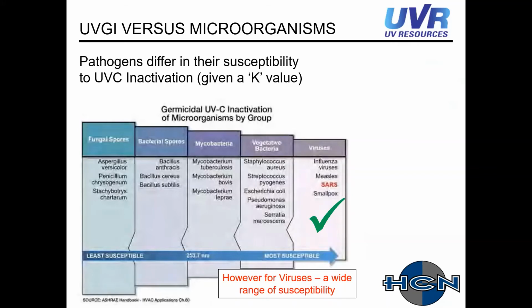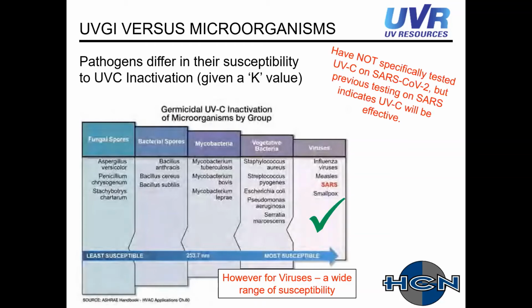I just want to cover myself and say the ASHRAE standard once again mentions that there's a wide range of K values for viruses. And once again, why we're all interested today is obviously the COVID pandemic.